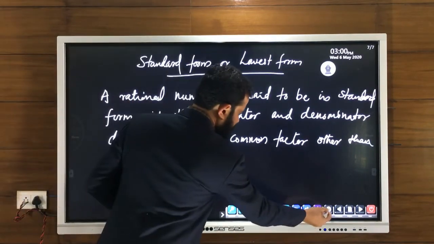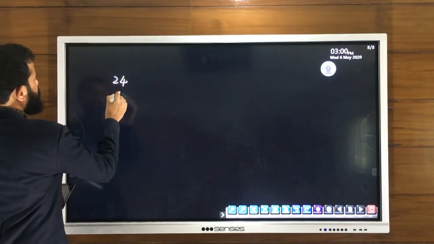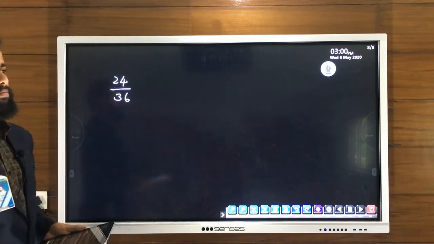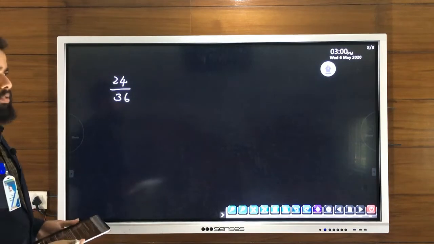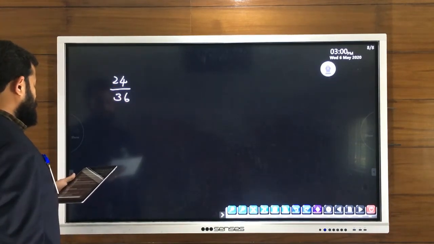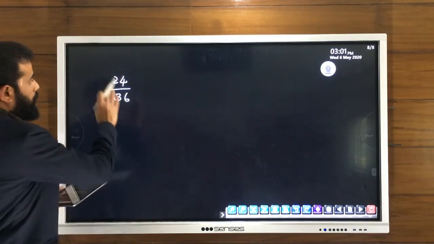For example, 24 divided by 36. It is a rational number. What is its standard form, or how can we find out its standard form?